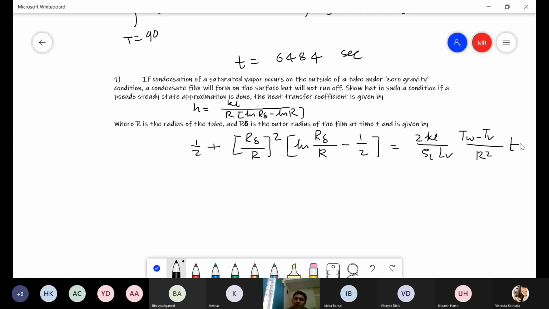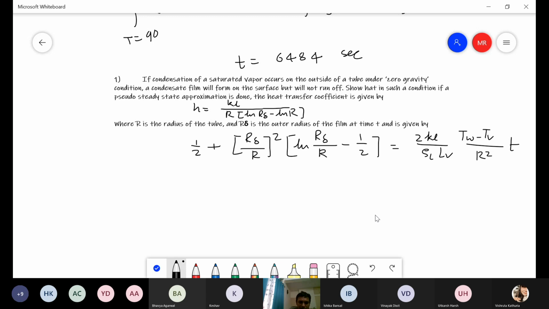Now in such cases what we have to prove is, if a pseudo steady state approximation is done, the heat transfer coefficient H is given by KL divided by R ln R delta minus ln R. So that we have to prove, and then finally what we have to prove is this expression in terms of R and R delta. We have to find out how the time is related to this.